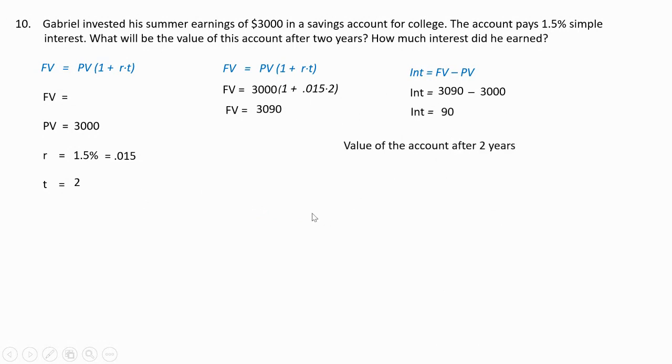So in other words, the value of the account after 2 years will be 3,090, and the interest earned will be $90. Again, Gabriel invested 3,000, and in return he got $90 back after 2 years.